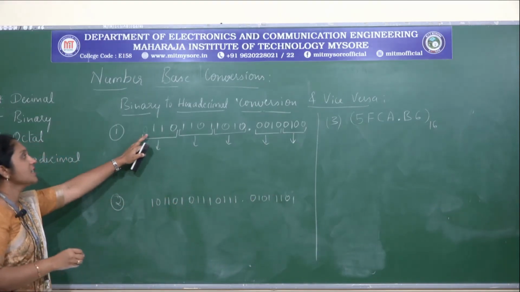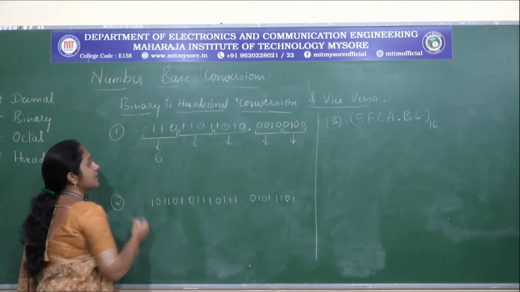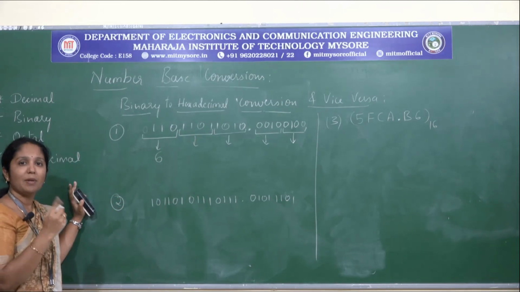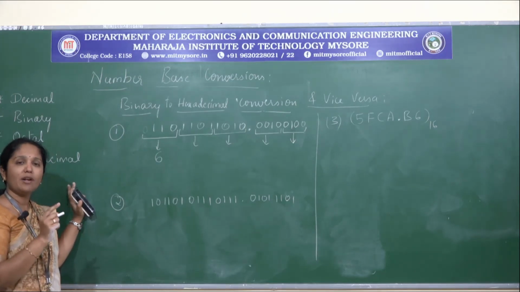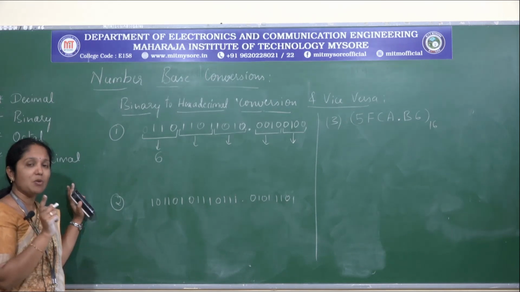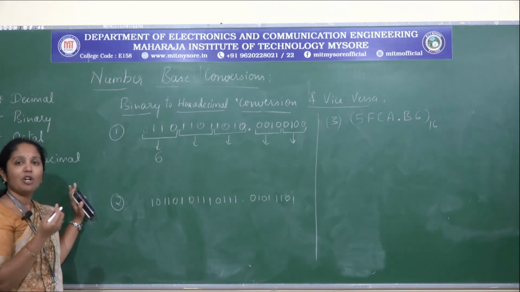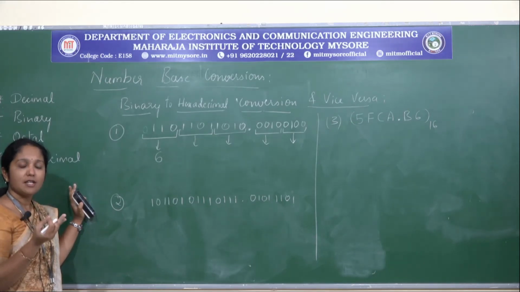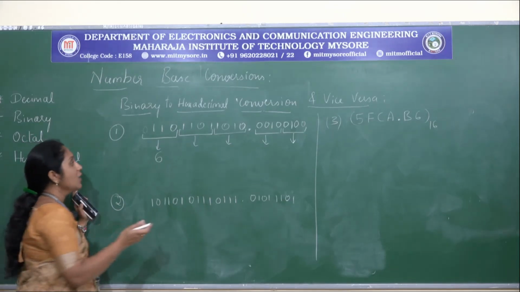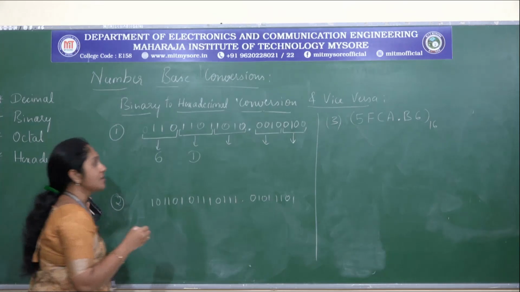What do we have here? 0 1 1 0 is 6. So I can write 6. 1 1 0 1 is 12 plus 1, 13. What is the equivalent of 13 in hexadecimal? You need to remember the table I gave in the previous class: 10 is A, 11 is B, 12 is C, 13 is D. So we write D in hexadecimal.